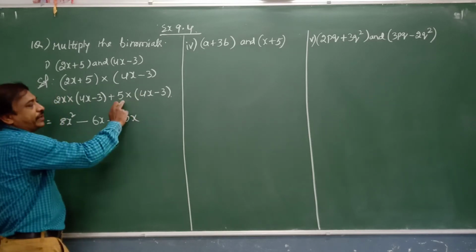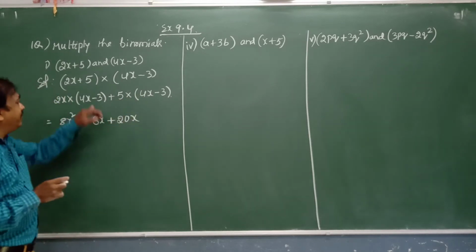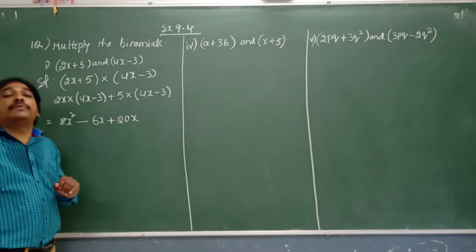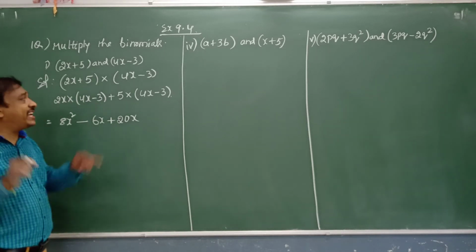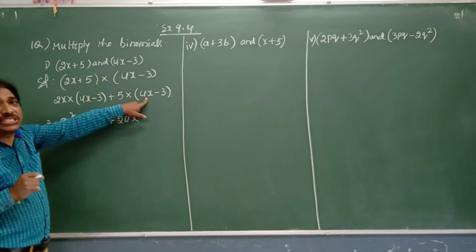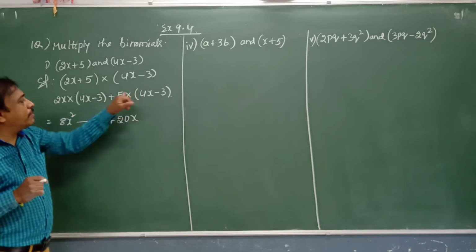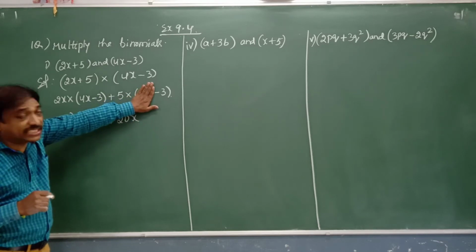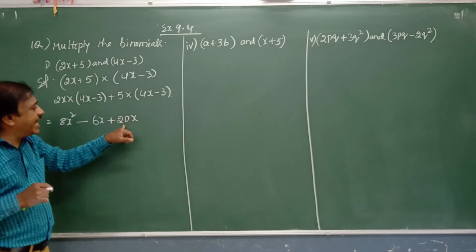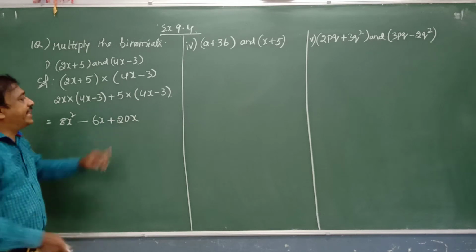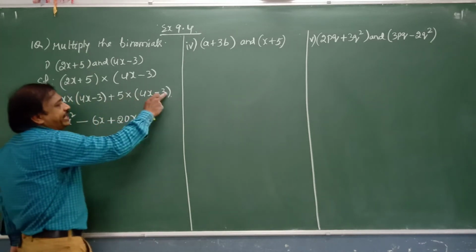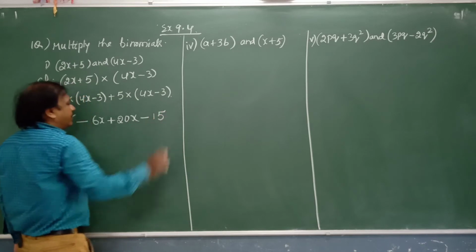When you are multiplying in the binomial, we are operating monomial to monomial, one term into one term. 5 into 4x, 20x. Then plus into minus, minus 5 into 3, 5 3s are 15.